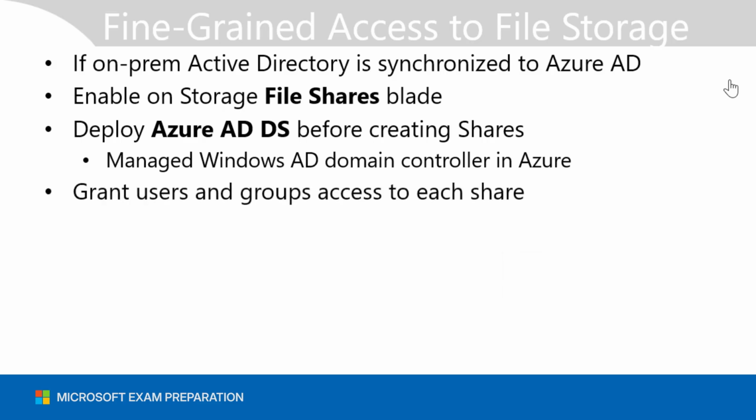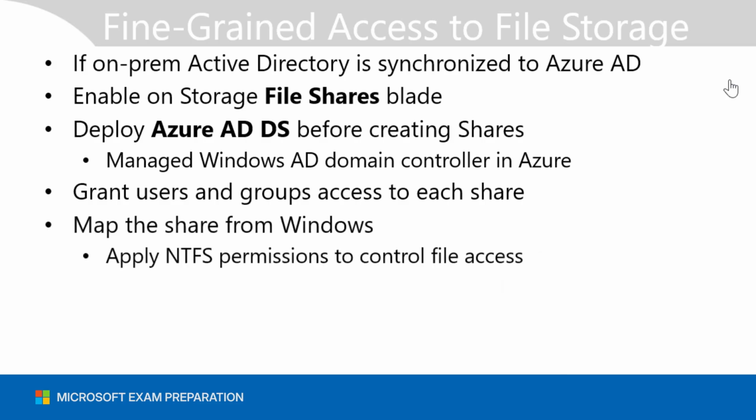Once those steps are done, you can grant users and groups access to a share, so you determine which people need to access a particular share. Then you map that share in Windows like you would normally as an admin and change permissions. You would use the regular NTFS permissions screen for folders or files to restrict access.